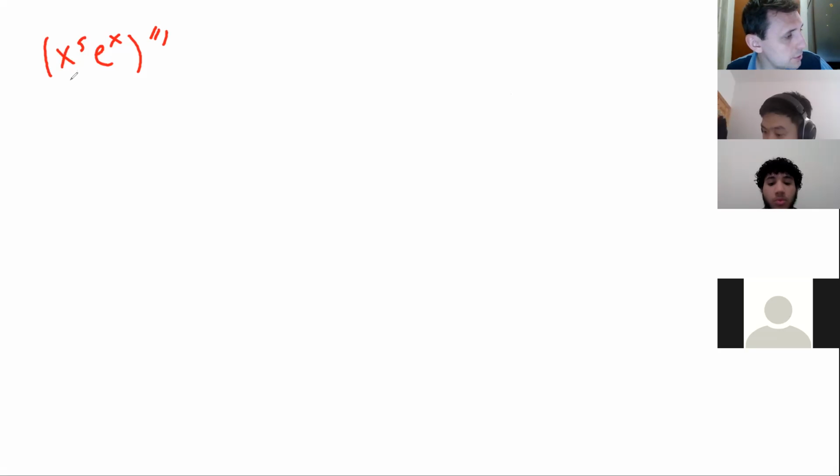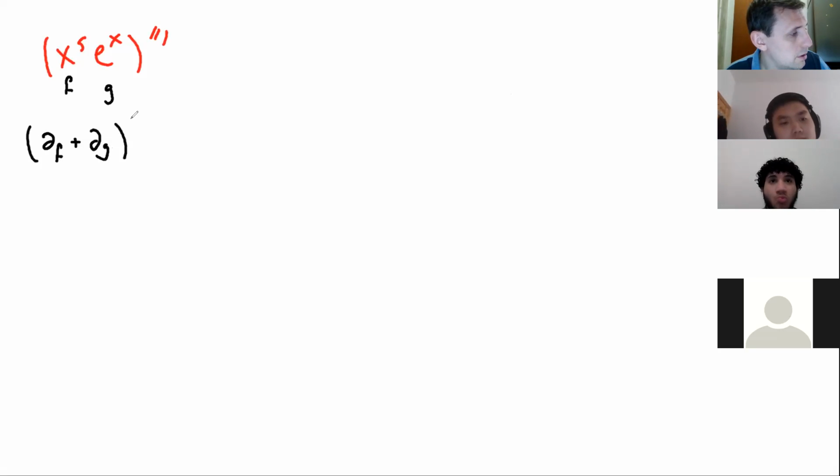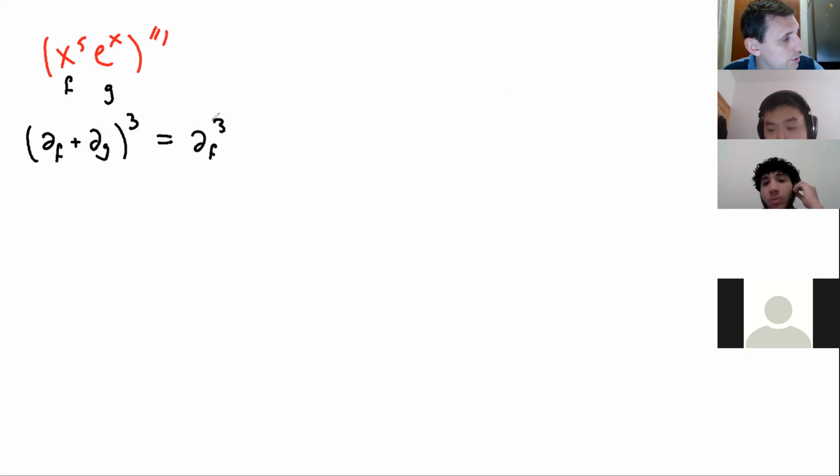So this is going to be my function f. This is my function g. So first I consider to expand the derivative with respect to f plus the derivative with respect to g, to the power of 3. Okay. So what that is doing, this would be the derivative of f cubed.